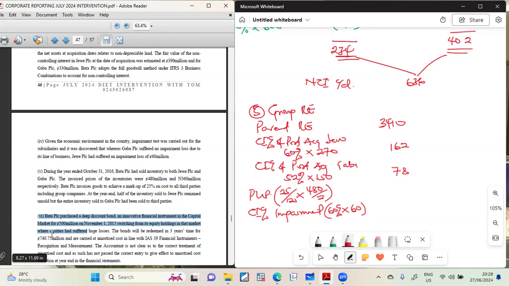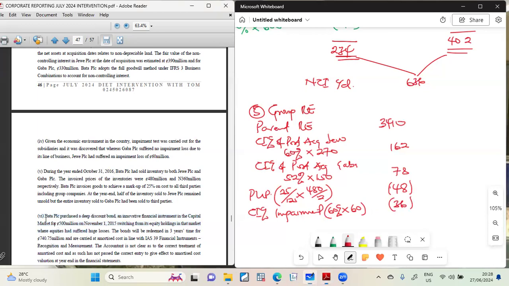That is it. So what will we get for this? PAP is 48. Then the impairment will be how much? 60 times 60% is 36. Yeah.